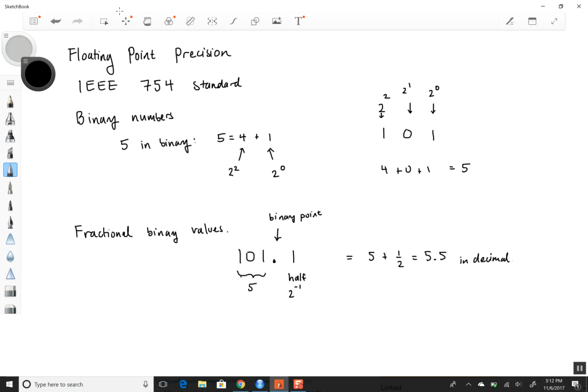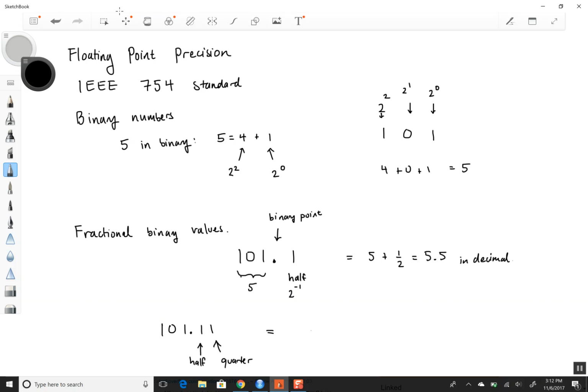Okay, so in decimal, 0.5 represents 5/10. And if we have more numbers, we could have 101.11. So this would be the halves place, and right here would be what? The quarter place.